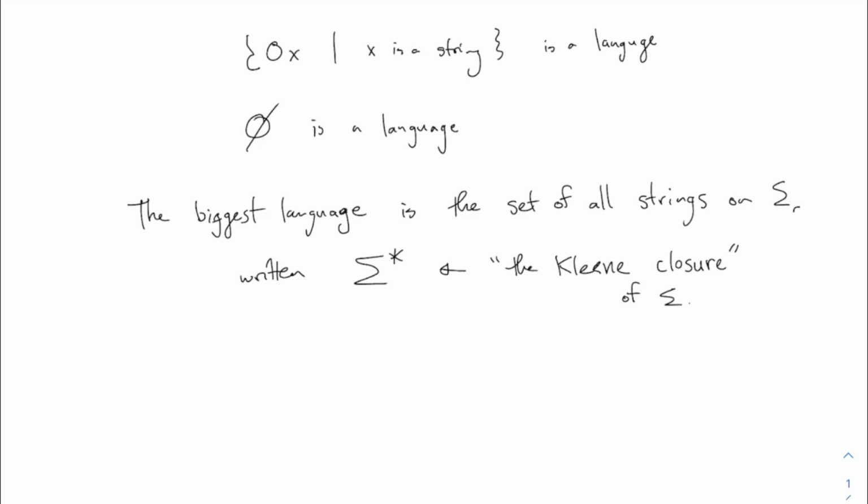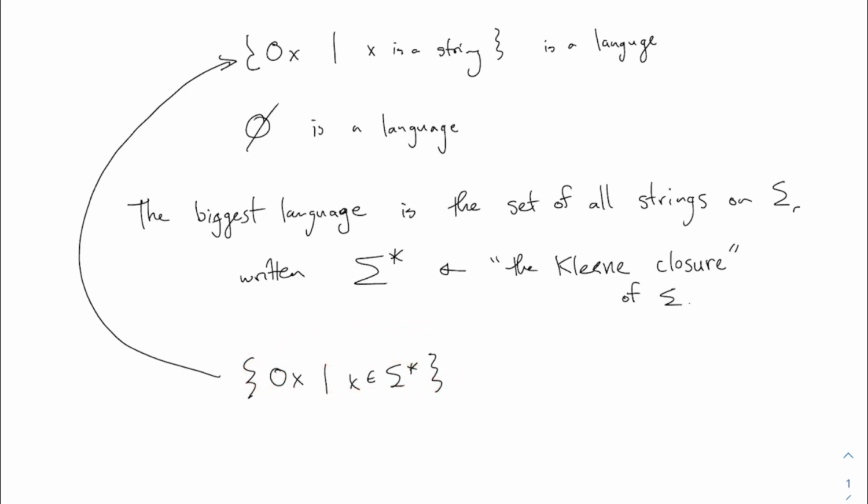So actually this language right here, more typically we would write it this way: 0x such that x is in sigma star. What that means is this is all strings that look like 0 followed by something. And what is the something? The something is anything, right? It's the same as what I wrote up here, although we're typically going to write it more in this way.